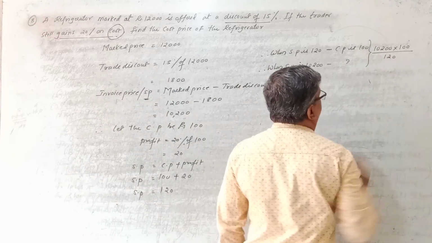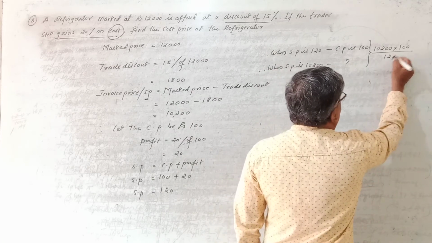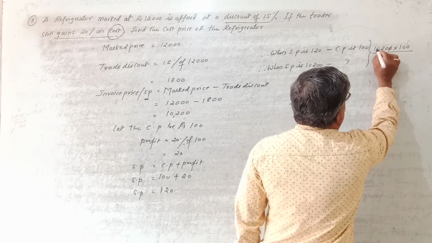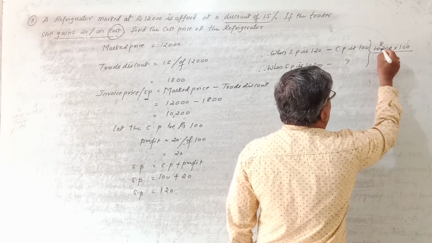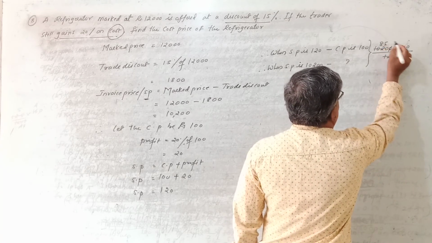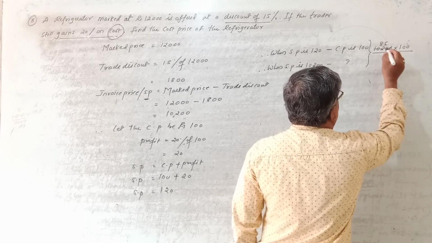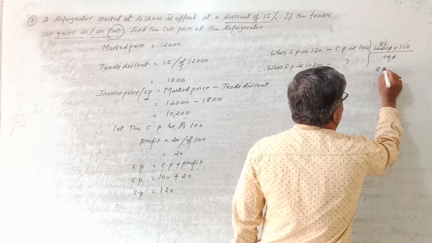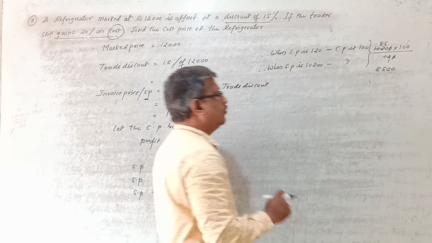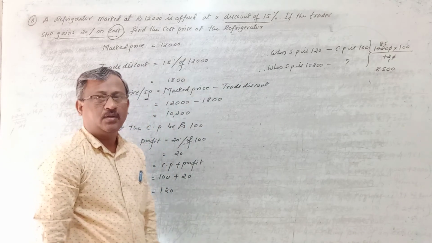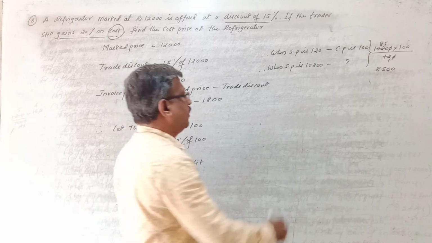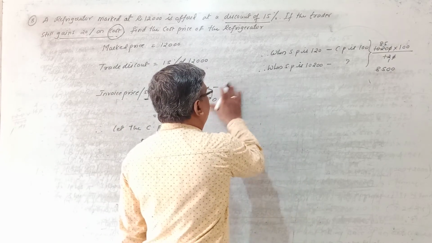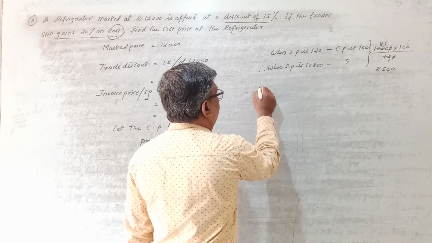Multiply this and divide by 120. It comes to 8,500. So what must be the cost price? It is 8,500.